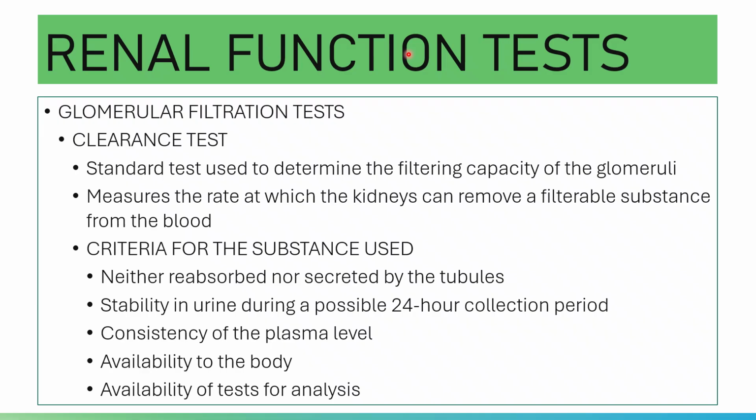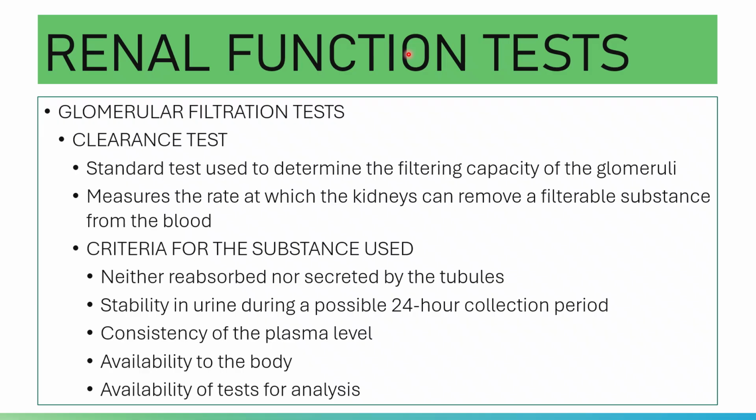Consistency of the plasma level. For this consistency, of course, it should be maintained at a constant level or constant rate in the plasma. And as part of the criteria, the substance for a clearance test should be available to the body.